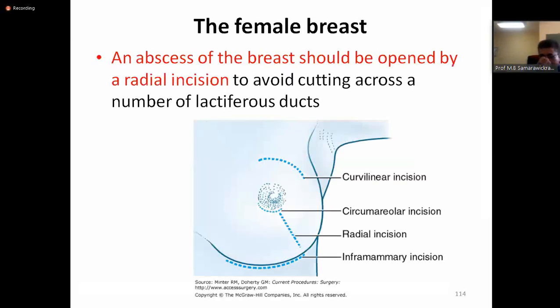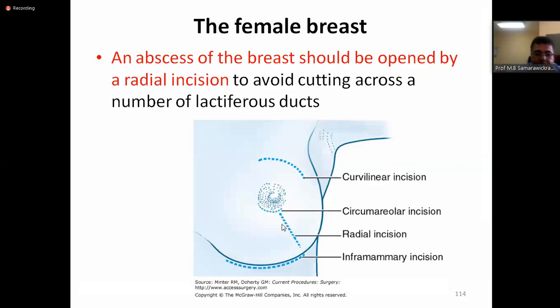So breast, I will just highlight important areas. An abscess in the breast should be drained via a radial incision. This is a radial incision. This is a curved or circumareolar incision. So why a radial incision? This is to prevent cutting of the glandular tissue, right? Because glandular tissue is arranged in a radial fashion.